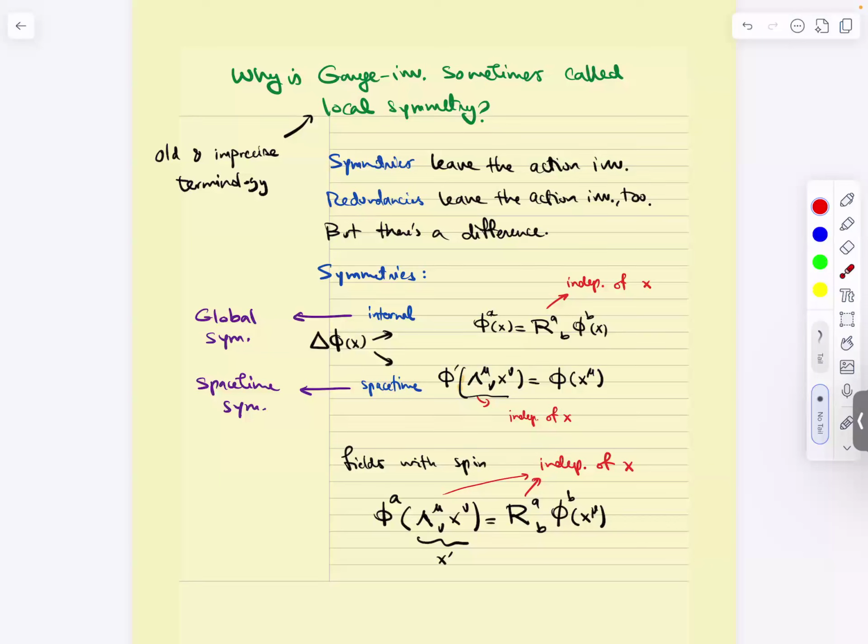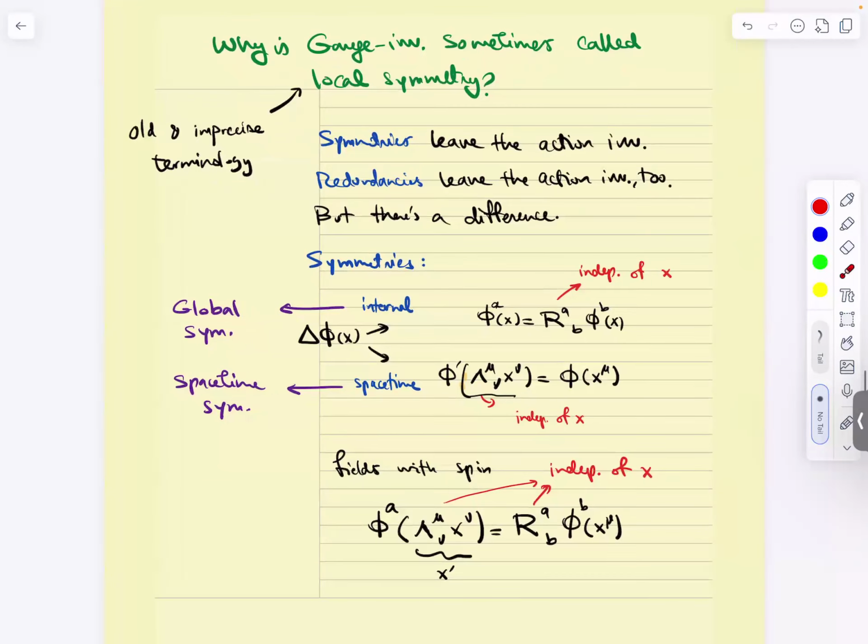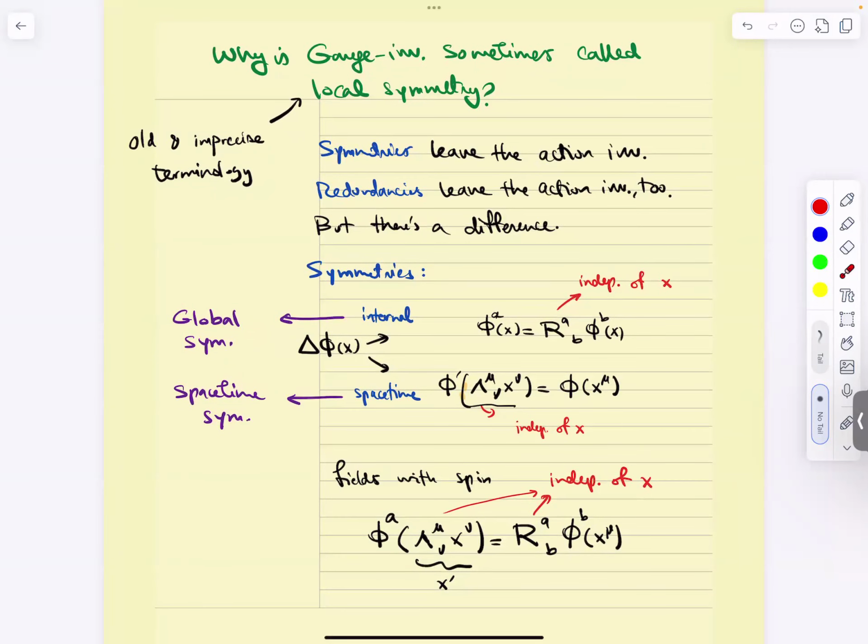But notice that in the physical states, in physical vectors in the Hilbert space, there is no such transformation as gauge transformation. I'm tempted to explain this a little bit more, but maybe I'll do that later. All right. So symmetries.